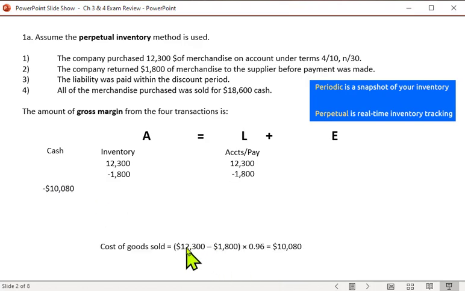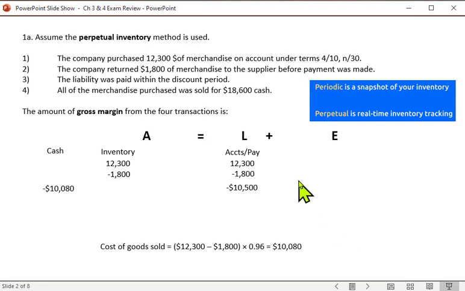And that's the $12,300 originally purchased minus the $1,800 that was returned. And what that result is times 0.96, which is the 4% discount taken, means you're going to end up paying out in cash $10,080. So minus cash, $10,080.